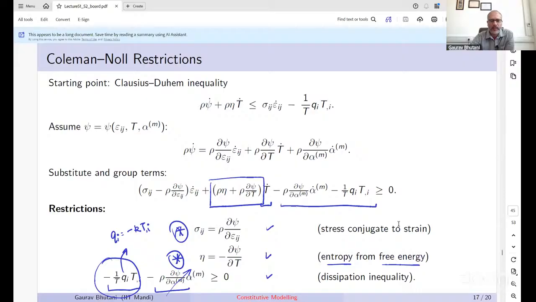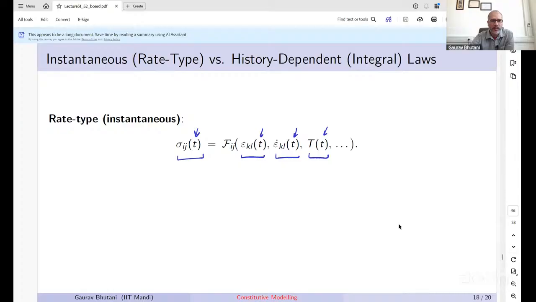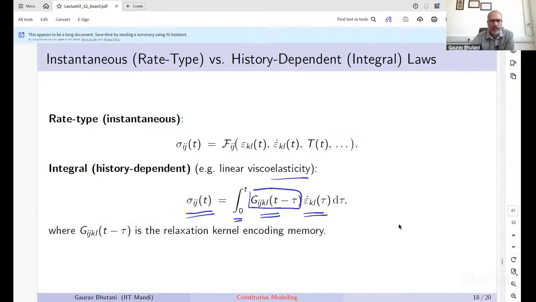So if you have a model available, you should be able to make sure if it satisfies the thermodynamic restriction or not. That helps in proposing new models as well. Then we very briefly talked about the rate type versus history integral laws. Integral laws are typically what you notice in viscoelasticity.